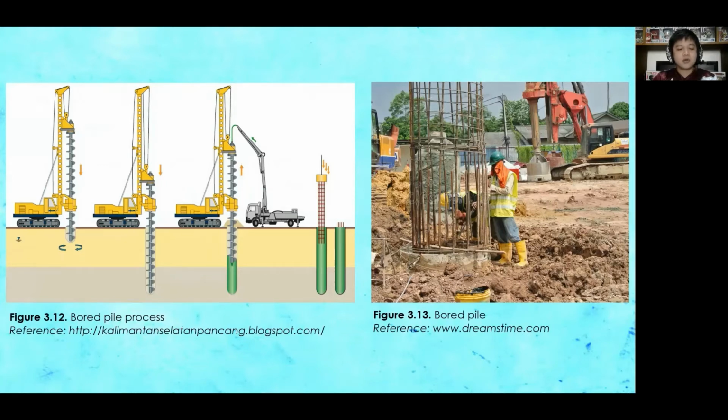Once the hole is drilled, the reinforcing steel bar is built and lowered into the hole. Then, it will be filled with concrete. The top of the pile may be capped with a footing, as presented in figures 3.12 and 3.13.